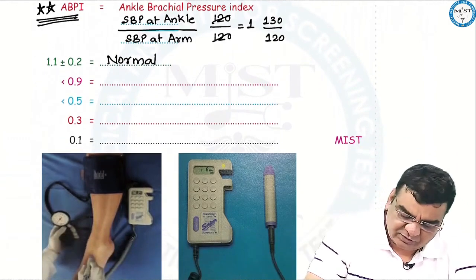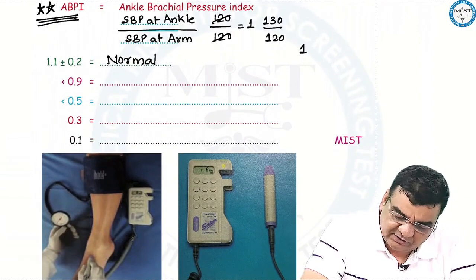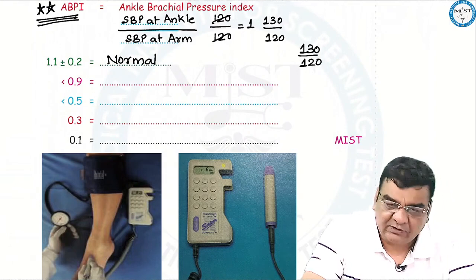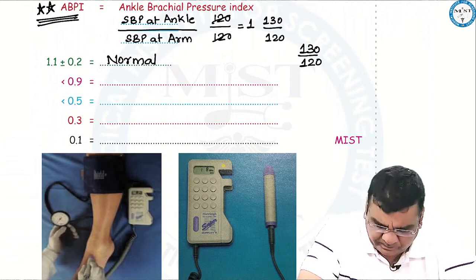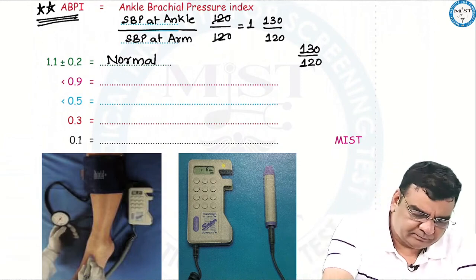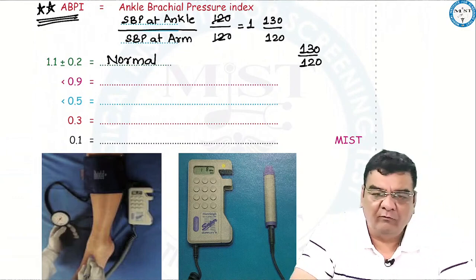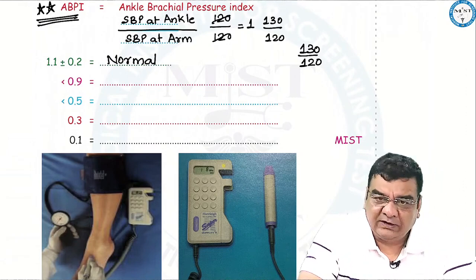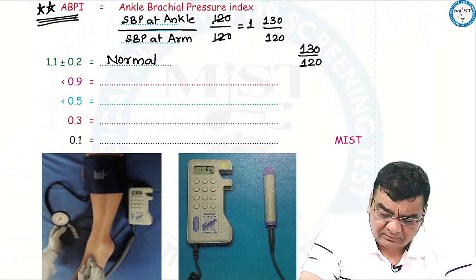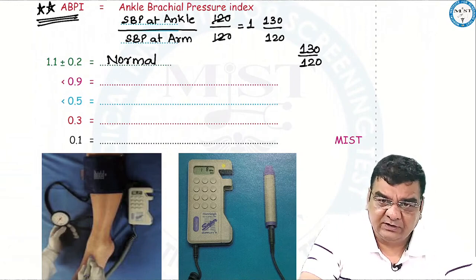But if this ratio goes down, suppose I say that initially the pressure was 130 by 120. Right? So this is slightly more than 1, almost 1.1. Now, if the blood flow to the distal part has gone down, then obviously this ratio is going to decrease, right?